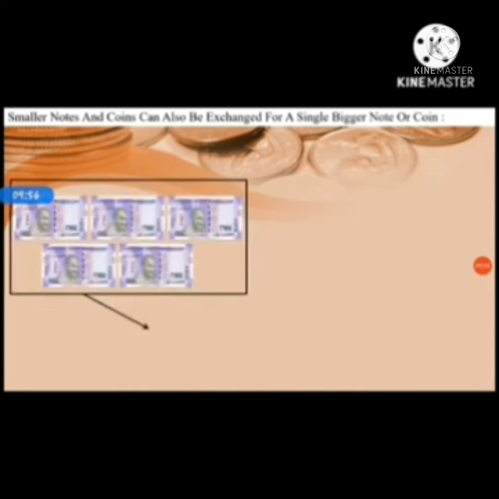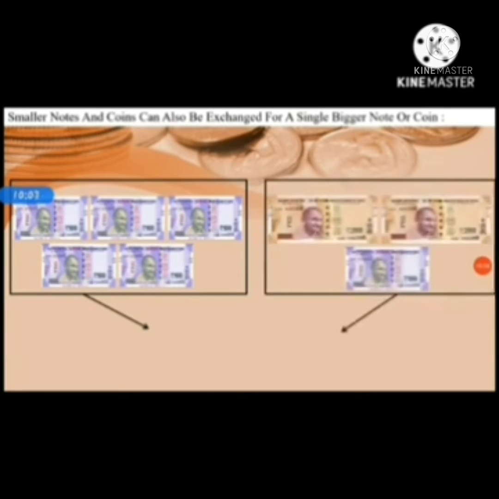Now, if we have 100 rupees 5 notes. See, this is very easy. 100 rupees we have 5 notes, and on another side we have 200 rupees 2 notes and 100 rupees 1 note. These two smaller notes are there. So which bigger note will we exchange these two for?